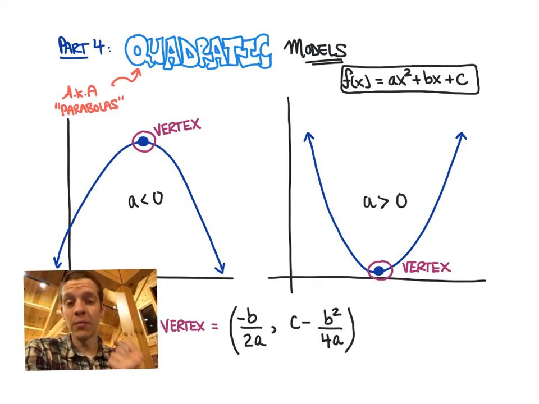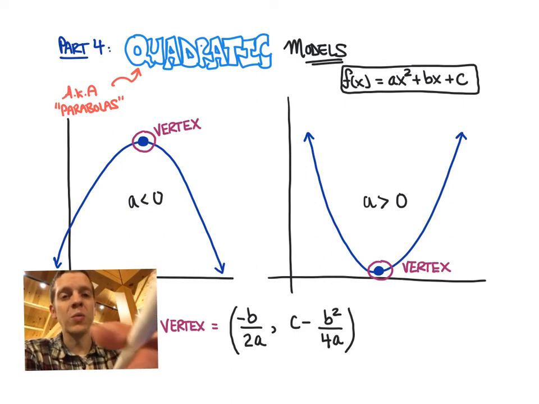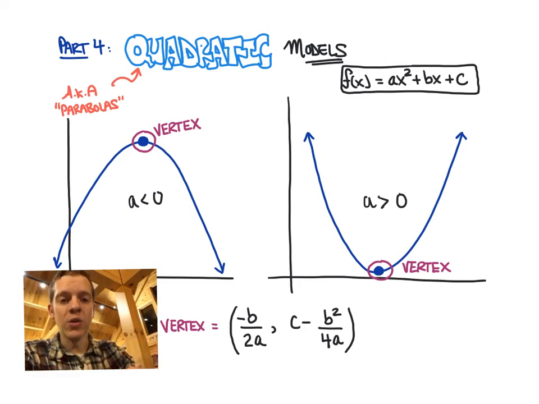That's going to have a very practical meaning in these business contexts. And to find that vertex, we have an equation here, which I'll circle down at the bottom. And this equation will help us find that vertex. You'll always be provided with this equation, but it is important to understand how to use it from the original form for the parabola.